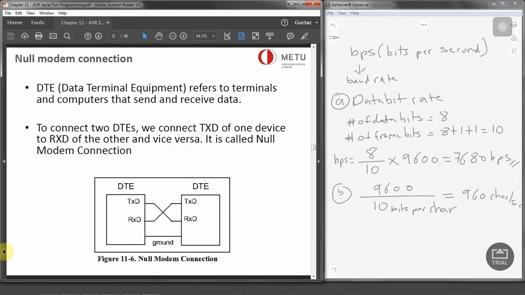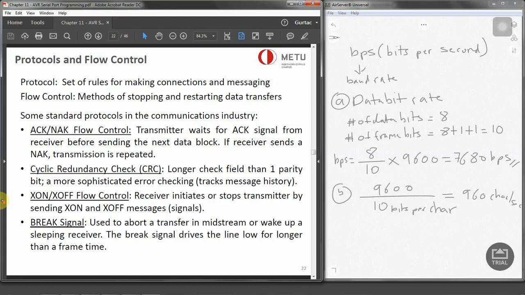Now, the next thing that we are going to proceed with is the protocols and the flow control of these. The protocol is a set of rules for making connections and proper messaging, and flow control is a method of stopping and restarting the data transfers. There are some standard protocols in the communication industry, and we'll go through those. So ACK and NAK is flow control.